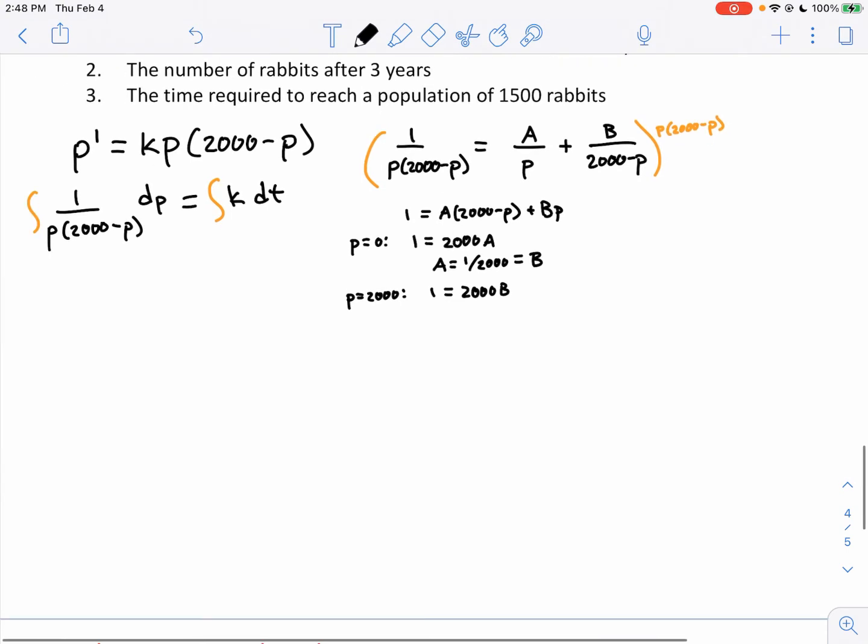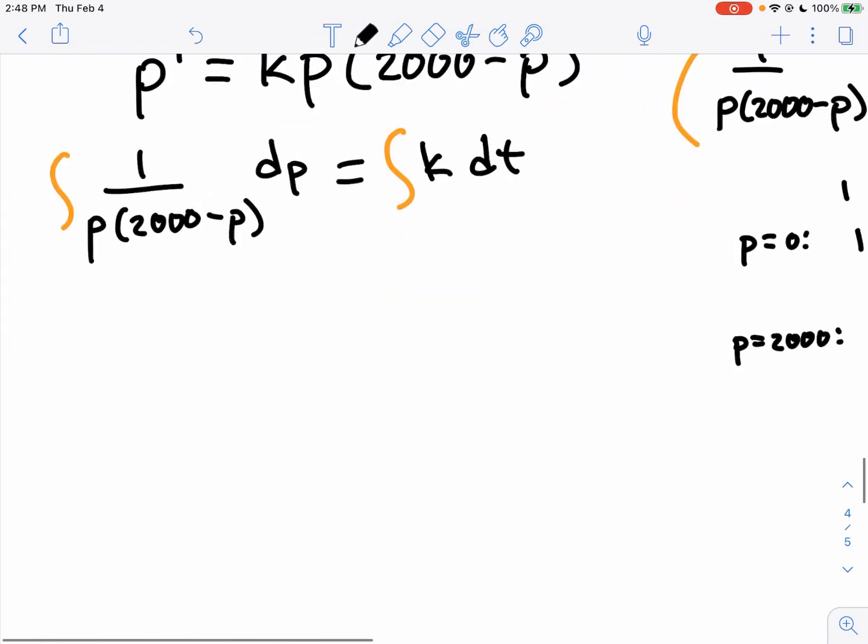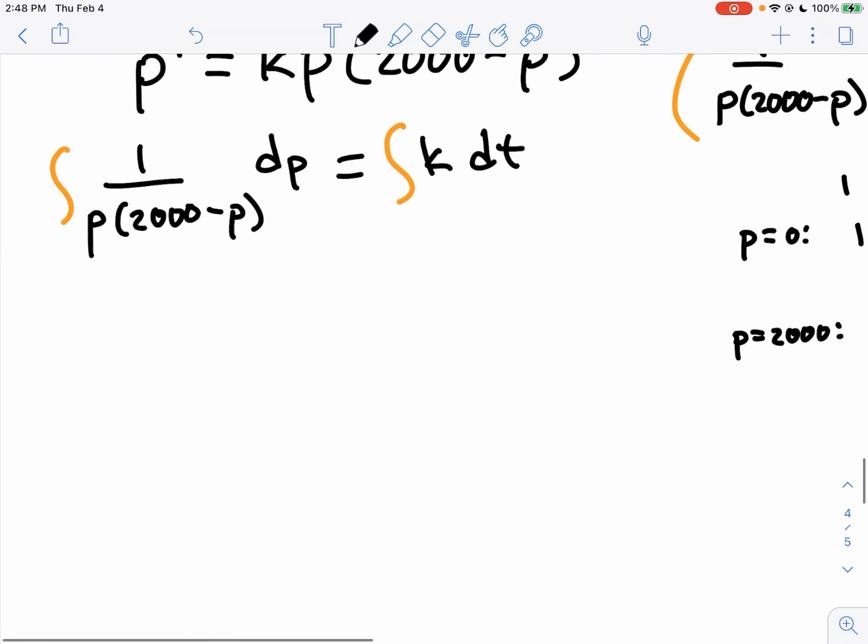Okay, so next, we go back to our differential, back to our integration. We're going to decompose this and express it as 1 over 2000. Since A and B are both 1 over 2000, I'm going to factor it out.